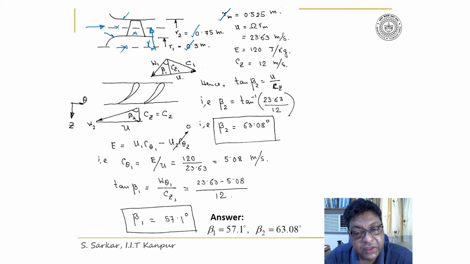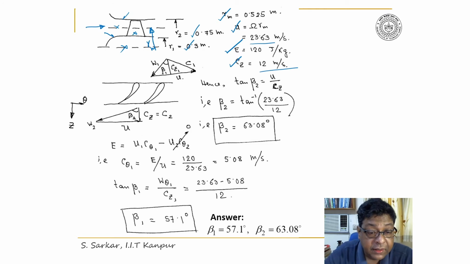And U, the tangential component of the blade speed, is omega into Rm, that's 23.63 meter per second. Furthermore, as before, E is 120 joule per kg. Cz, the axial component of absolute velocity, which is connected to the mass flow rate of the machine, is 12 meter per second.